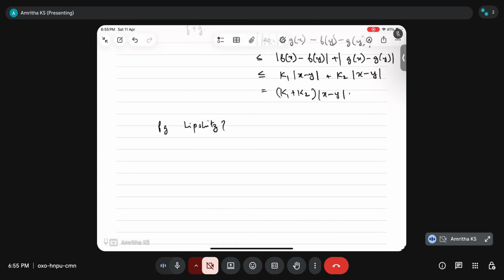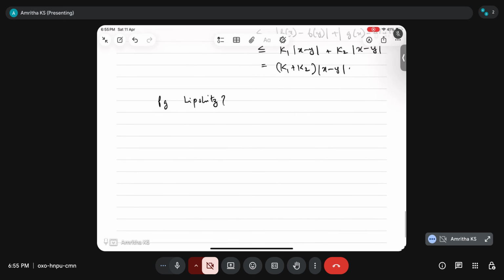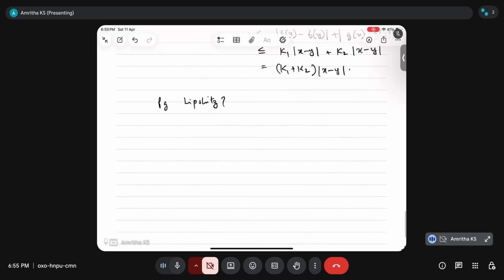So this is not true actually. One can find a counter example. So this is true if f and g are bounded on it.